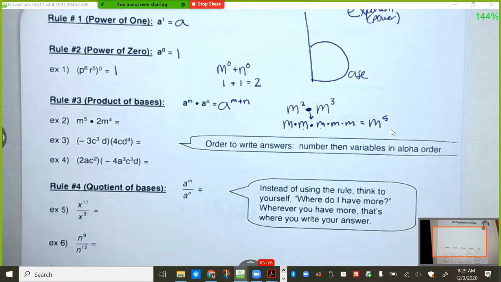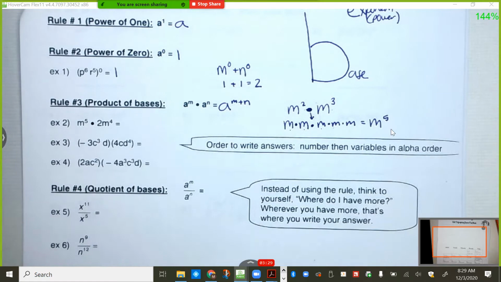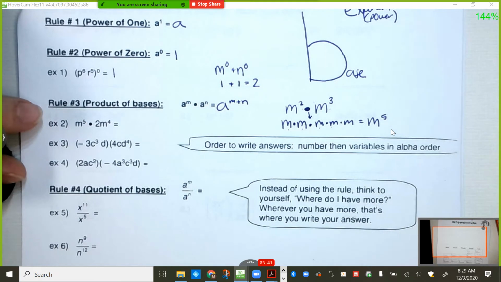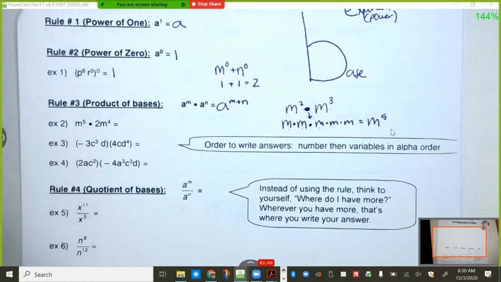Now, do you have to write it out every time? No. Add them, okay? But if you don't know the rule, could you write it out? Yes. So, looking at example 2, I want you to realize, y'all, numbers without exponents you treat just like normal. So if there's multiplication in the middle, what do you do? Multiply. If there's addition in the middle, you add, okay?